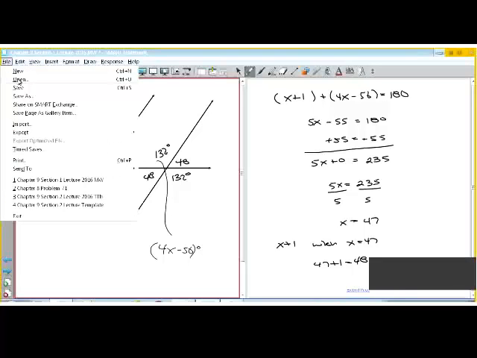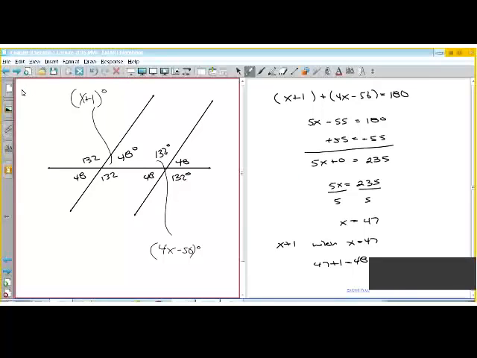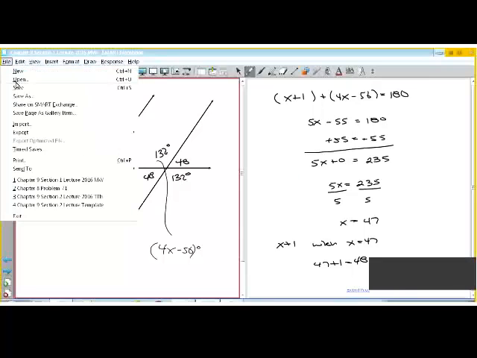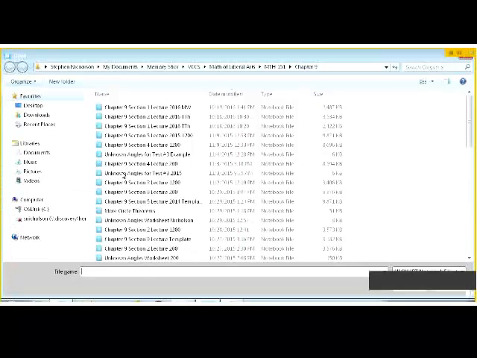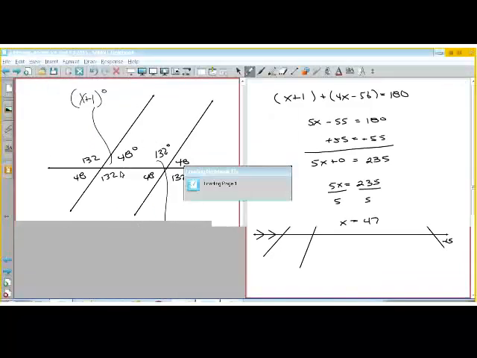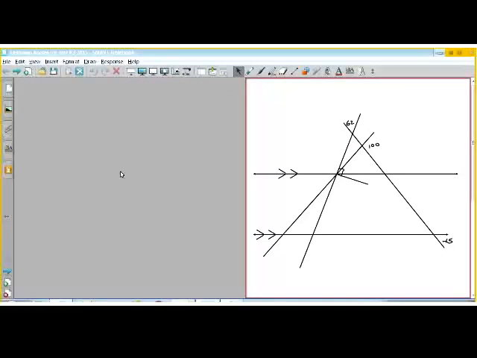What we're trying to get to, let me see if I can find it. Let me save this. I'm going to give this to you on the test. We're going to have two parallel lines with all these transversals.